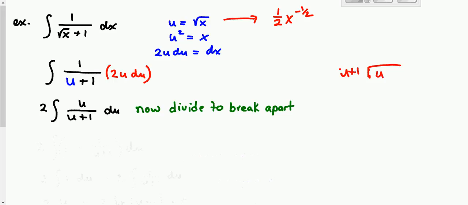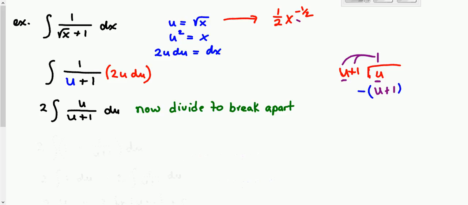So with polynomial division, what we do is we look at the first variable, and we decide what times u would give us a u. Well, those are exactly the same. So u times 1 would give us u. And then we distribute the 1 back out. So we have 1 times u is u. 1 times 1 is 1, so we have plus 1. And then our next step in long division is subtracting.